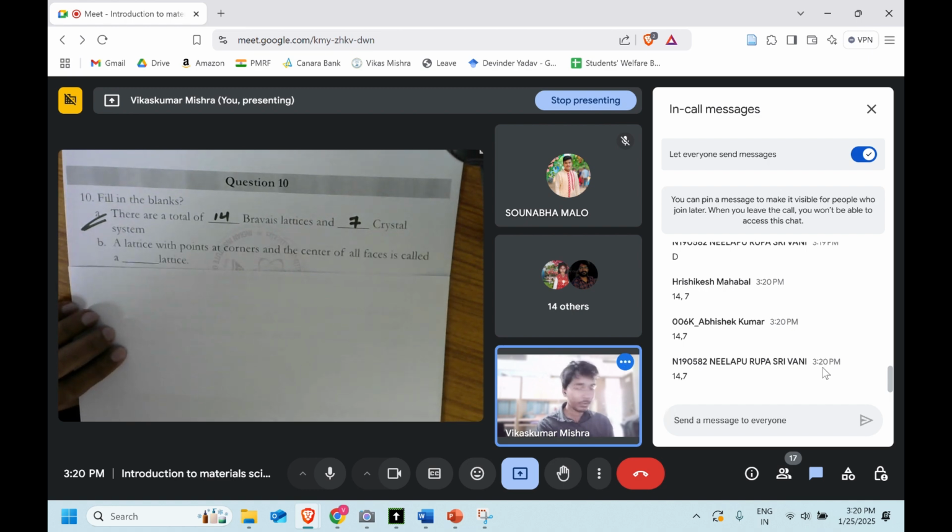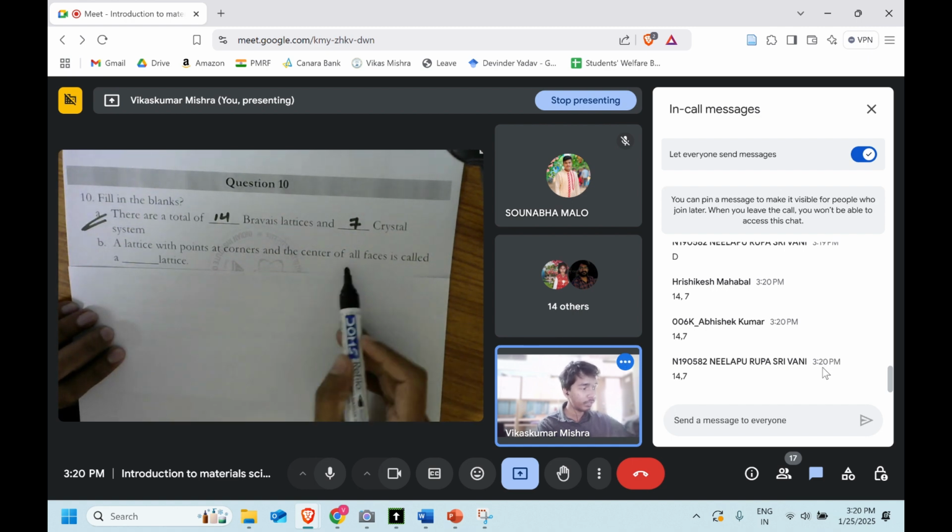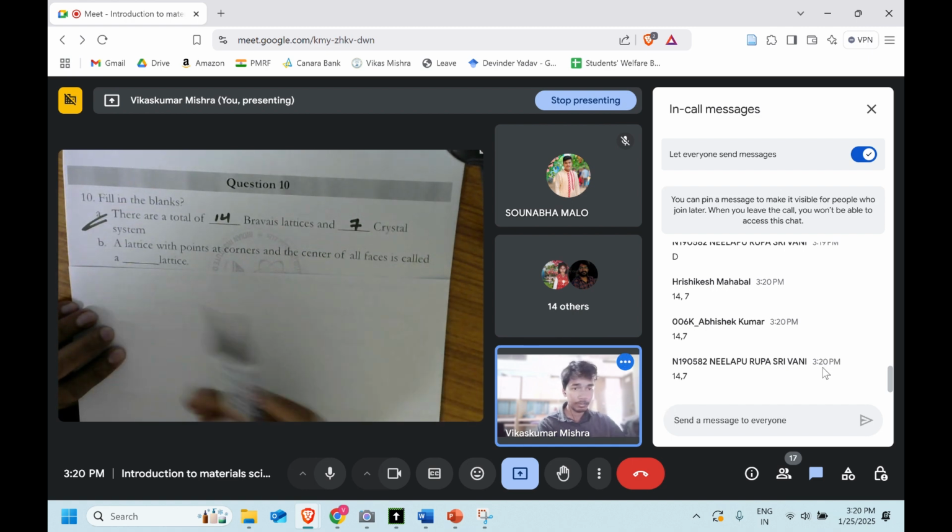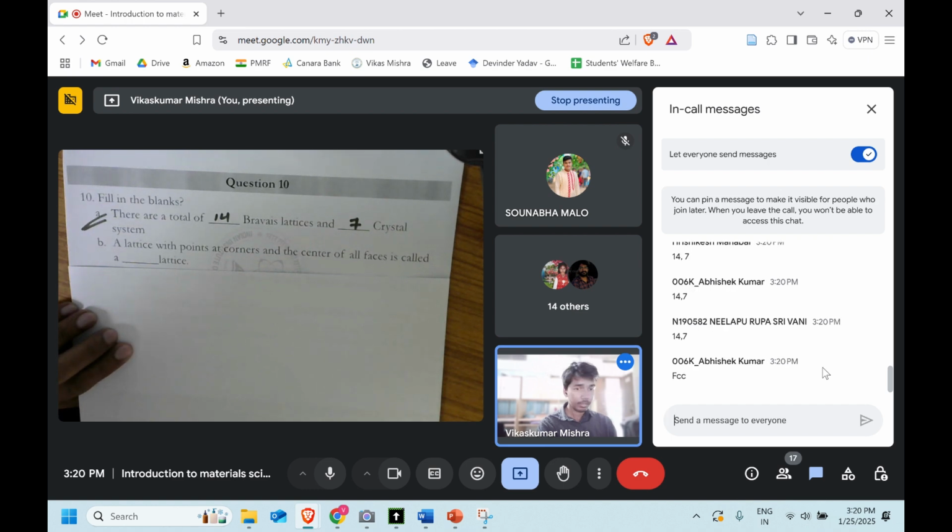Now let's move to the next question. A lattice with a point at the corner and the center of all faces is called a dash lattice. They are the atoms of FCC. Yeah, that is face centered. That's right.